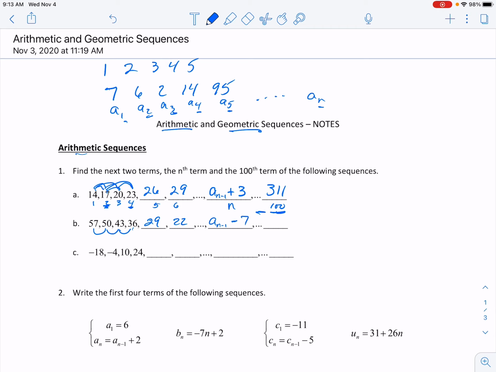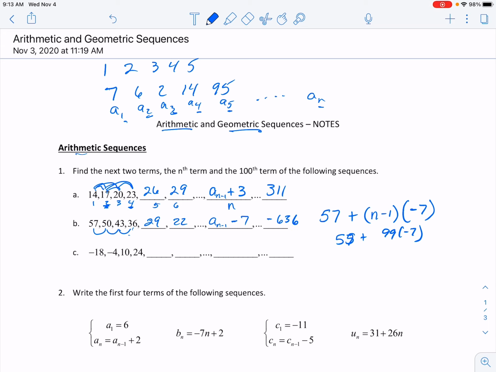I don't want to do that 99 times. So I have the first term plus n minus 1 times d, which is negative 7. And we want the 100th term, so it's 57 plus 99 times negative 7. And you get your handy-dandy calculator. Watch my handwriting. And I get negative 636.